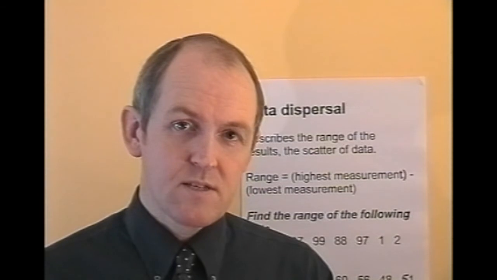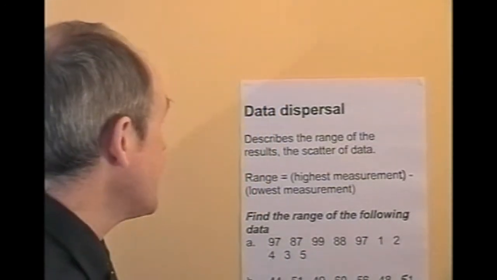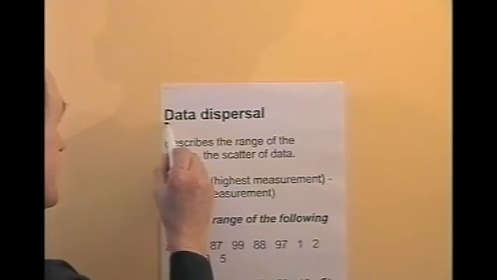So we've looked at three measures of central tendency. The next type of descriptive statistic I want to consider is data dispersal. How is the data dispersed? So we're looking at data dispersal.